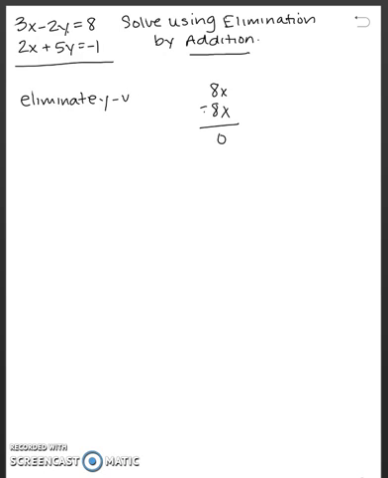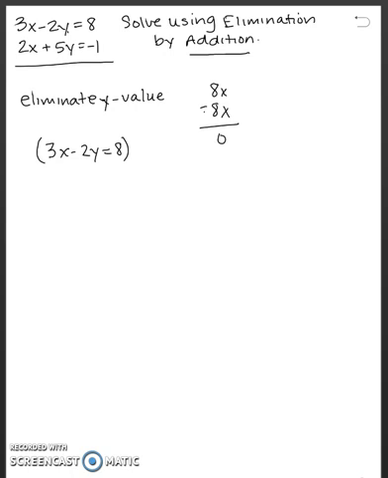So now that I've chosen the variable term that I'm going to eliminate, I need to get those coefficients to be opposites of one another. That means multiplying the first equation in the system by a number that will give me a common multiple of 2 and 5.